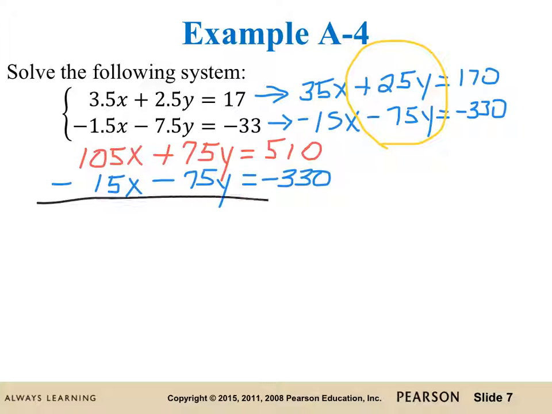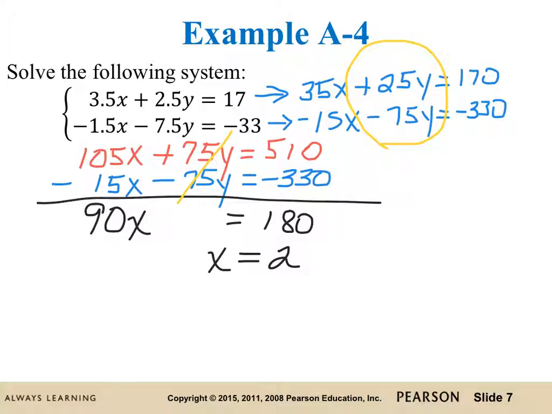So we will add those together, and as expected, positive 75y and minus 75y will cancel out. And 105 minus 15 leaves us with 90x is equal to 510 minus 330 is 180. And then we'll divide both sides by 90 and get x is equal to 2.